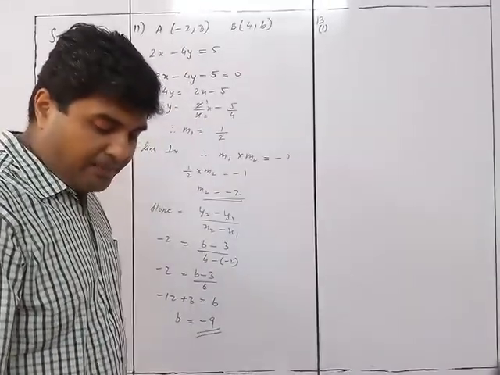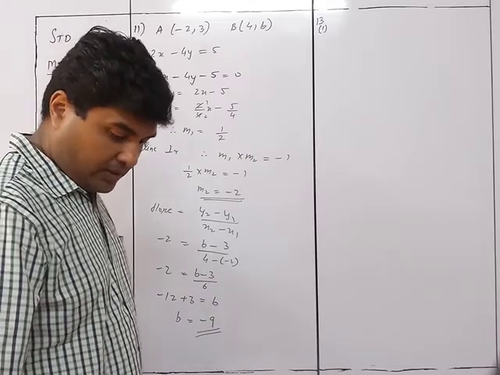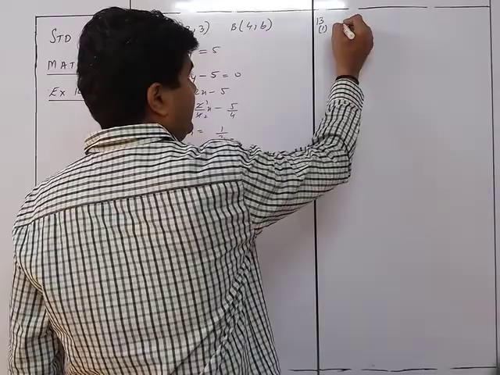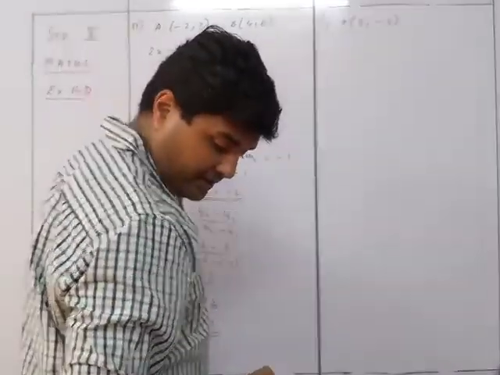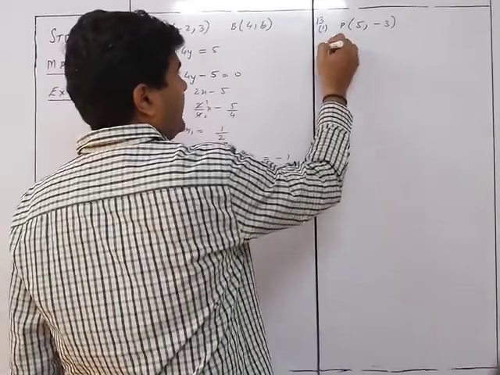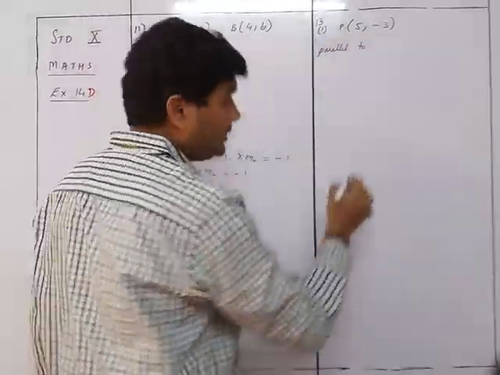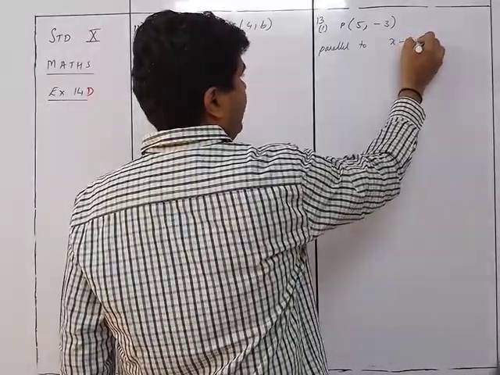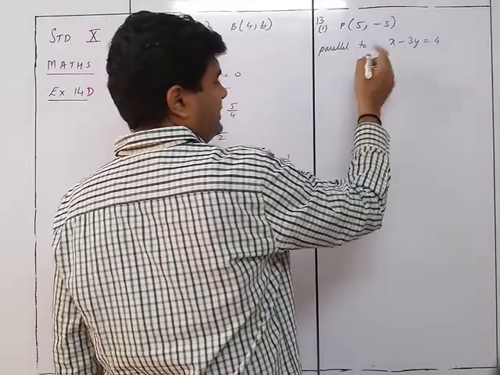Find the equation of a line passing through (5, -3) and parallel to a given line. So it is passing through point P, given as (5, -3), and it is parallel to the equation x minus 3y is equal to 4. We can find the slope here.